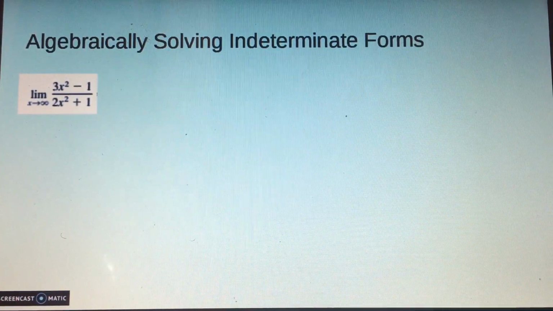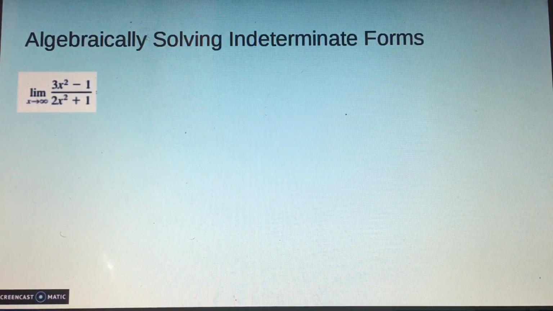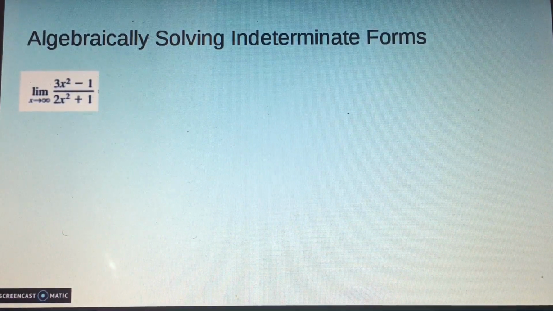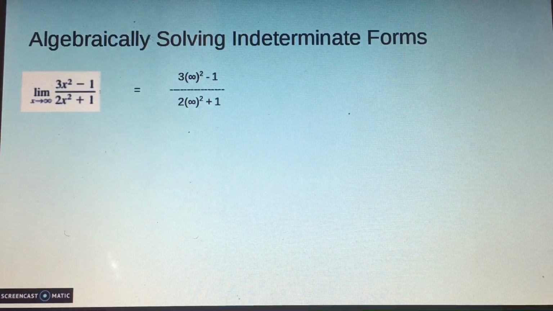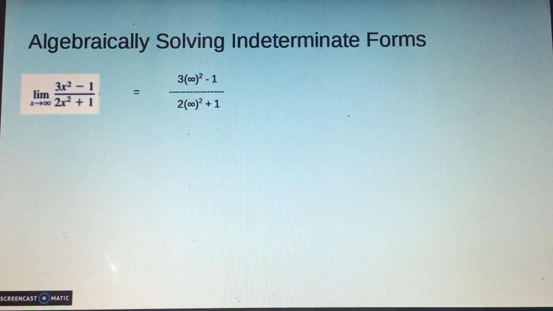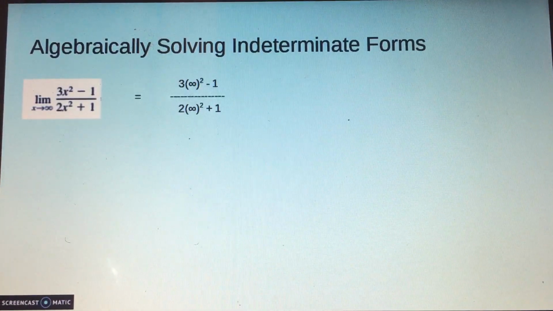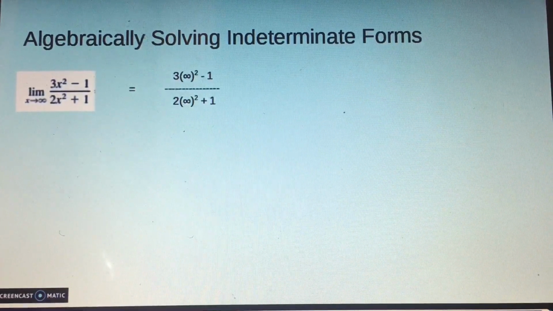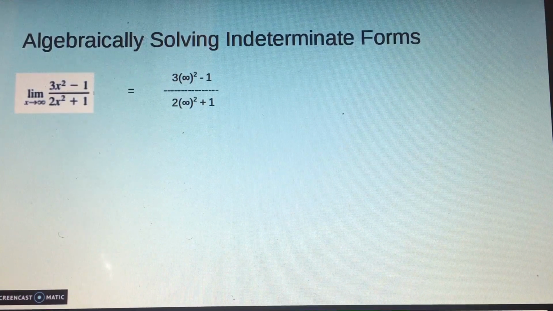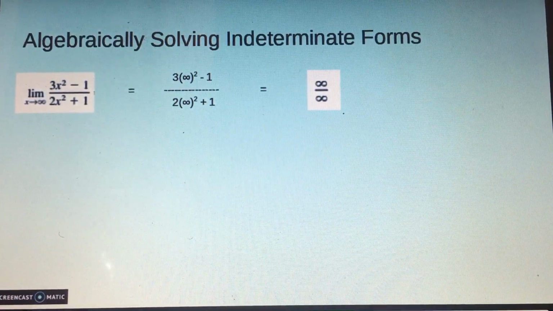The same can be said with the limit as x approaches infinity of 3x squared minus 1 over 2x squared plus 1. If we evaluate the limit as is, we are left with 3 times infinity squared minus 1 all over 2 times infinity squared plus 1. Since infinity squared is just a larger infinity, we are relatively left with infinity over infinity, another indeterminate form.